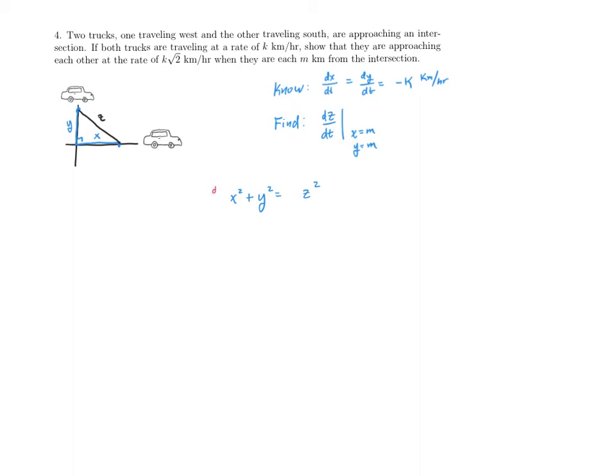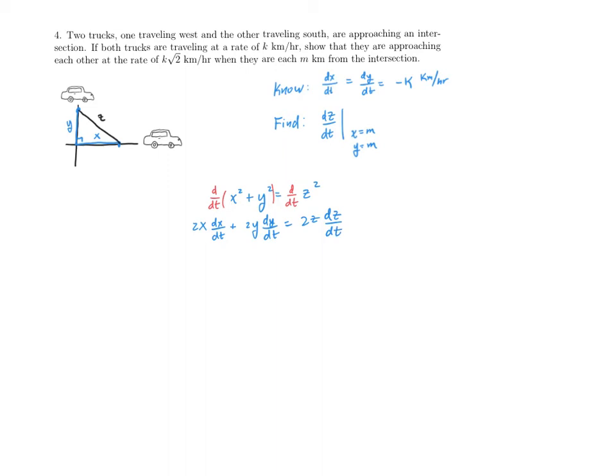And differentiating implicitly, we have on the left, working from left to right, 2x dx/dt plus 2y dy/dt is equal to, on the right, 2z dz/dt.